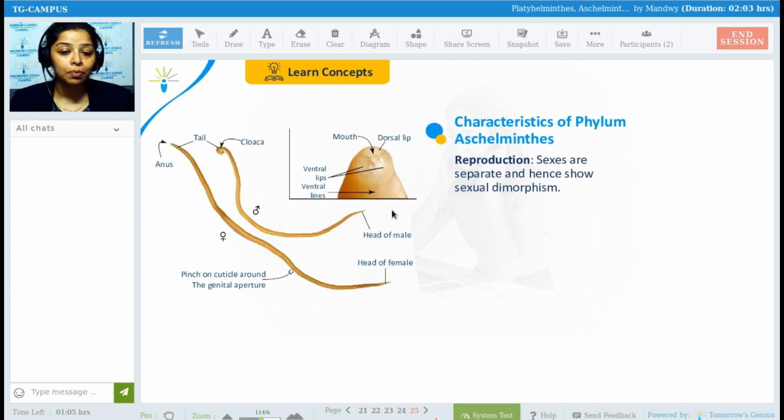Male contains penile spicule for copulation. And they have a cloaca, whereas cloaca is absent in female.